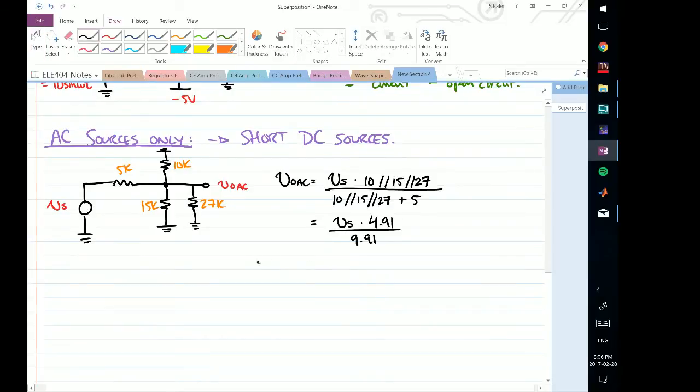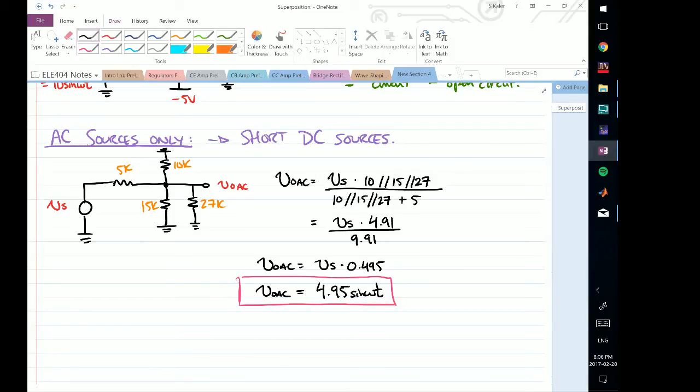And so VOAC is equal to Vs times 0.495. In other words, VOAC equals 4.95 sine omega t. This is now my AC component of my signal that appears at the output.